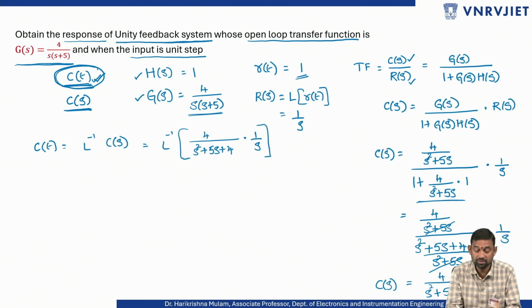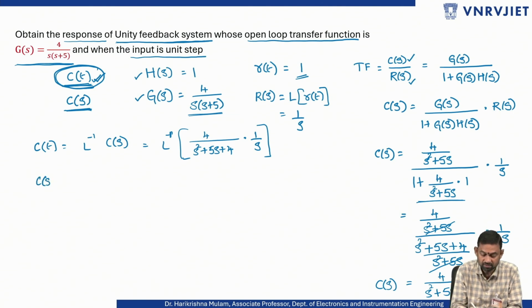But we don't have any direct formula for finding the inverse Laplace transform of this expression. Therefore, before taking the inverse Laplace transform, you need to do partial fractions for this C(s).